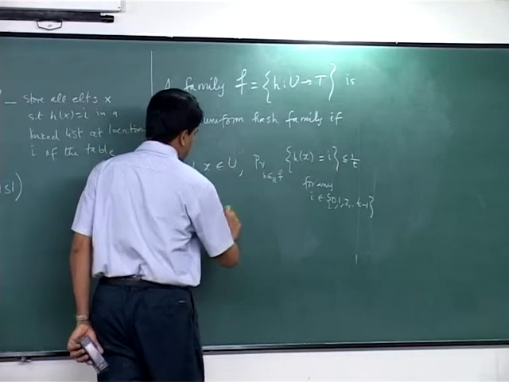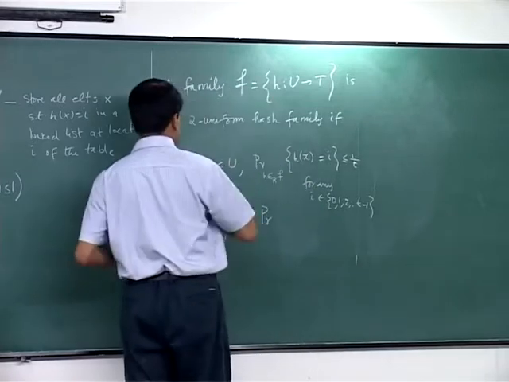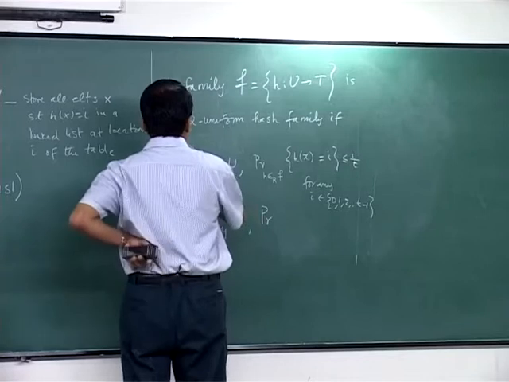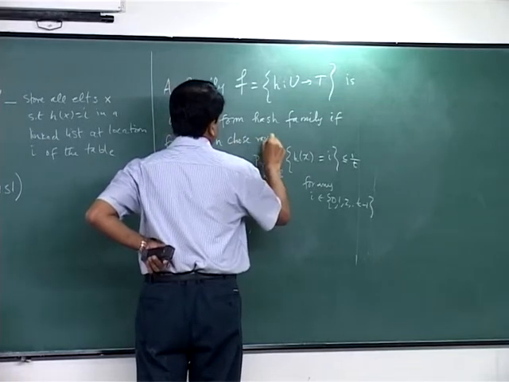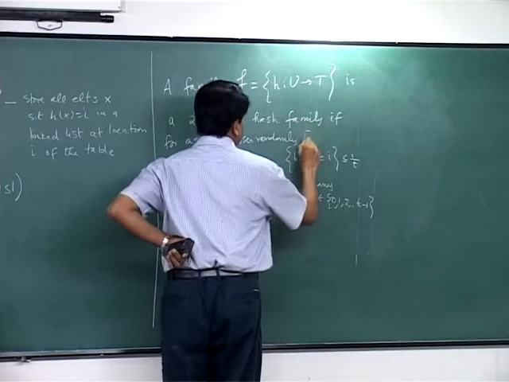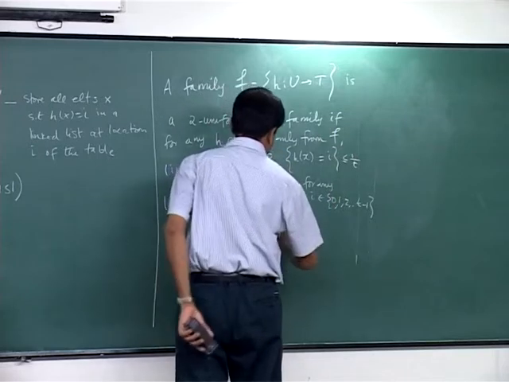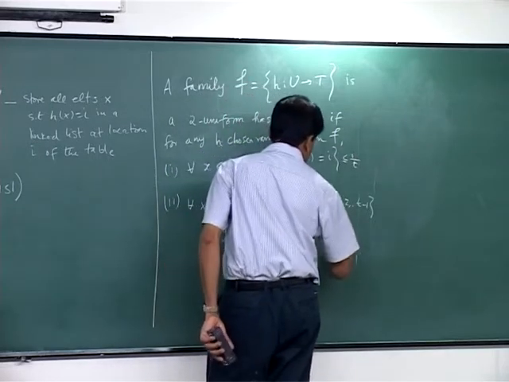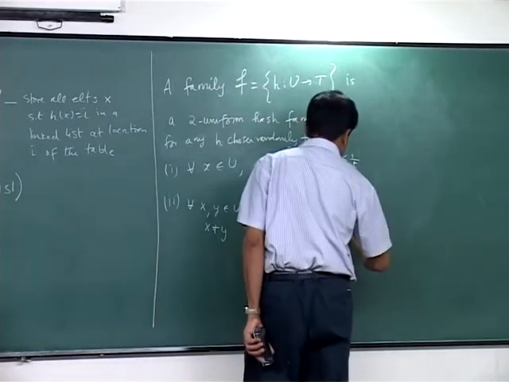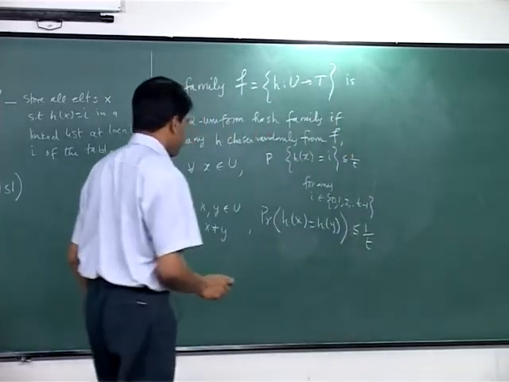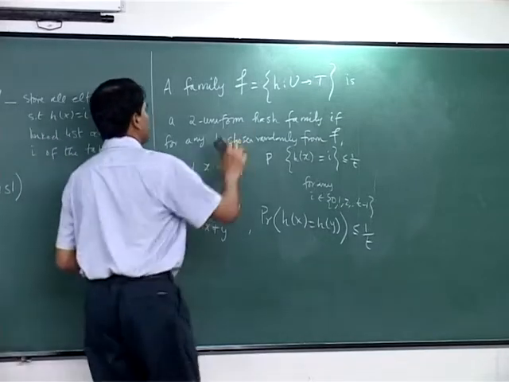And for all x, y in U, x not equal to y. Two uniform or two universal.